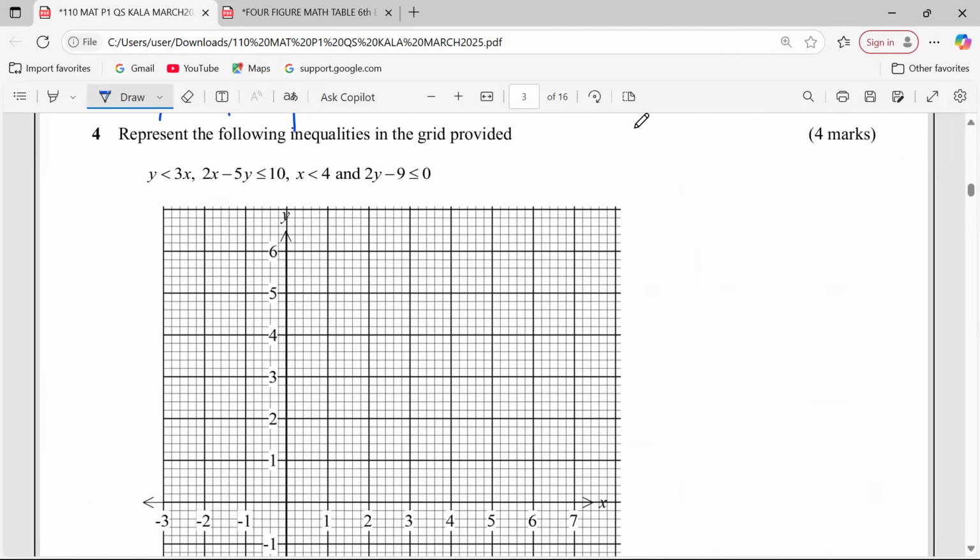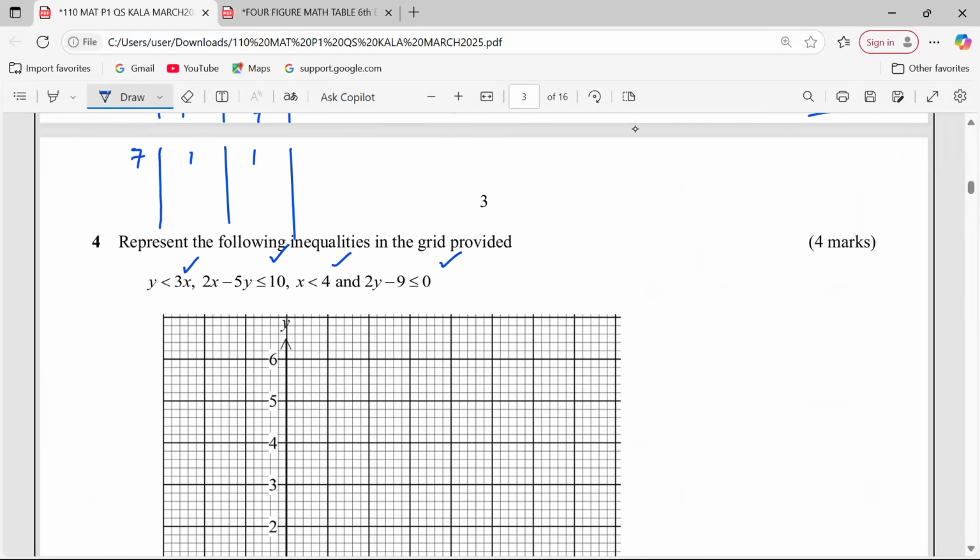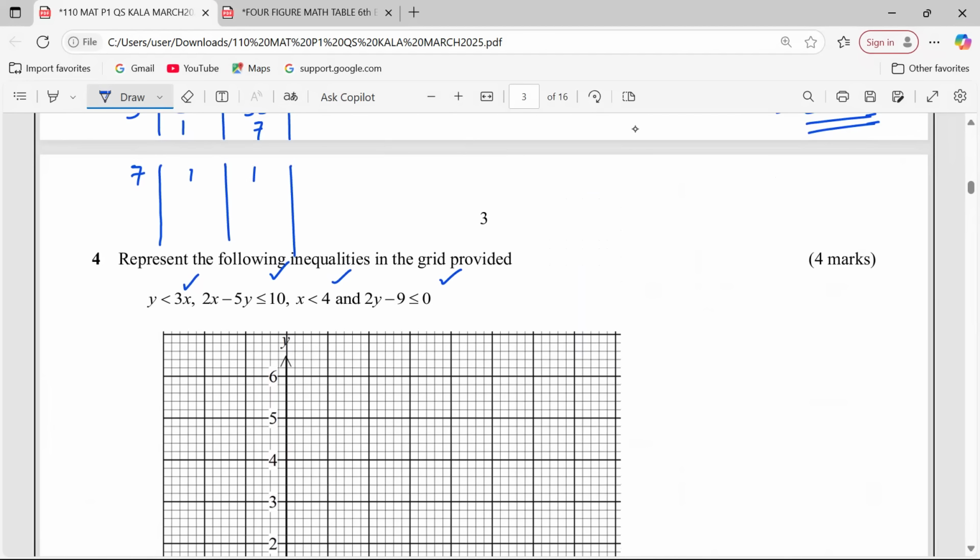How many inequalities are we having here? 1, 2, 3, 4. 4 inequalities. So we're going to plot each. The first inequality, it is always very good for you to understand something, that we plot linear equations, which we call borderlines, to represent inequalities.